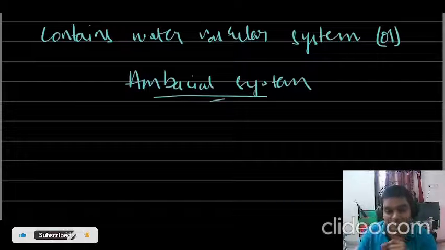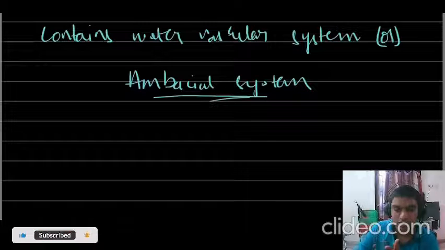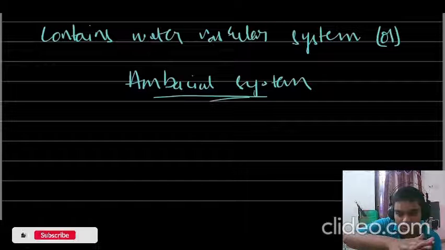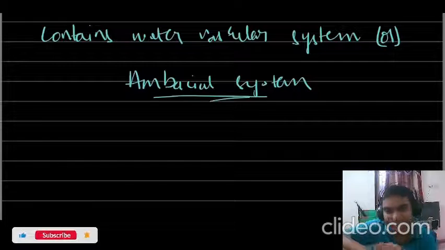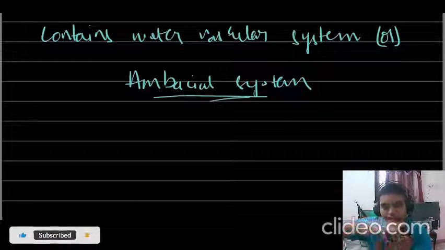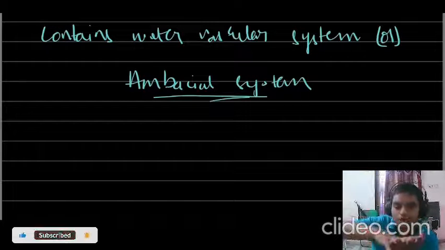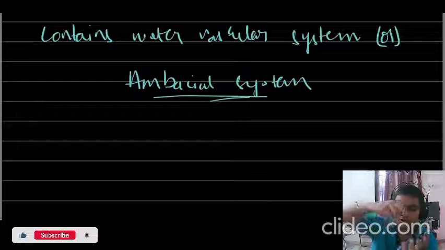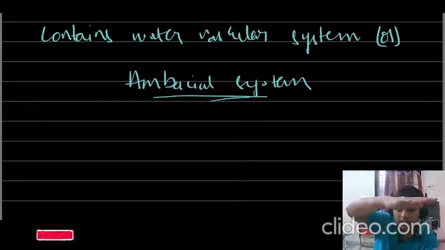What is this water vascular system? The starfish lives in the oceans and water bodies generally. Think this is a starfish on the water body. It sucks in water, and then with force it applies pressure and pushes the water out of its body, so that it can rise in its height.